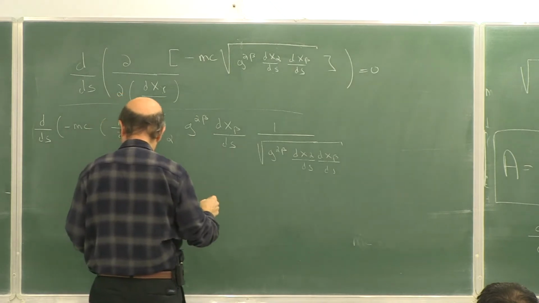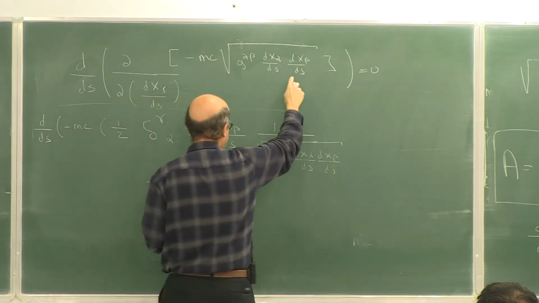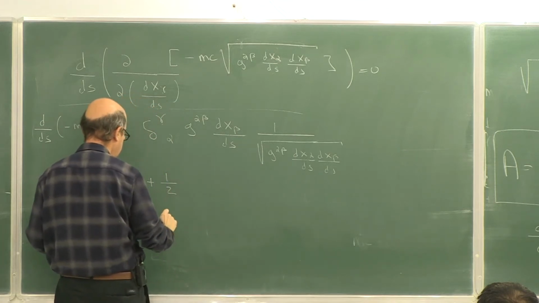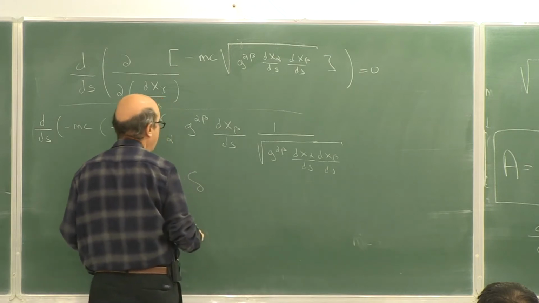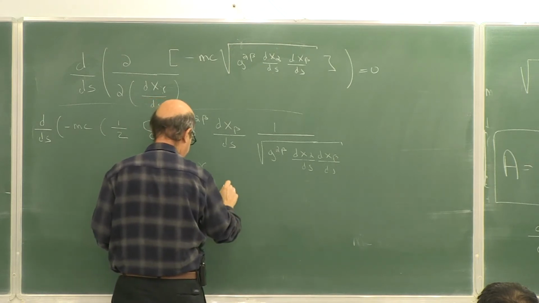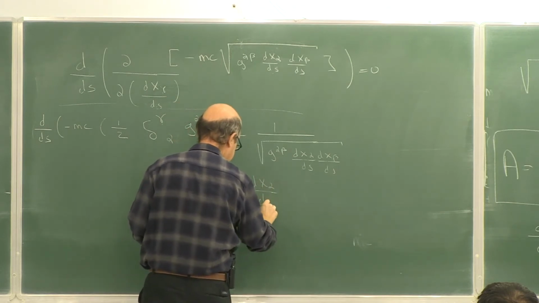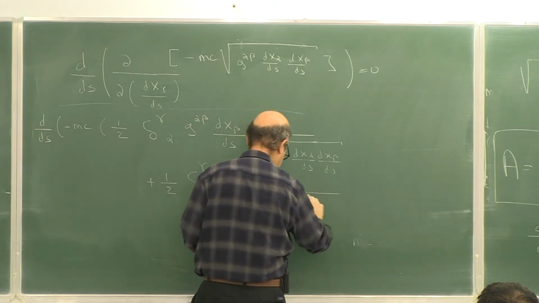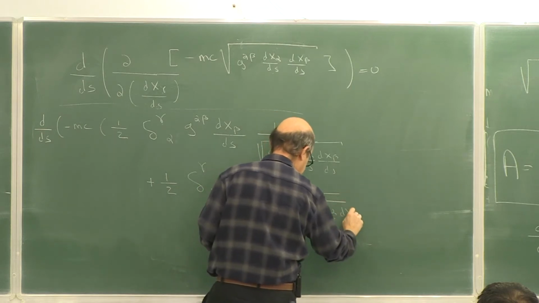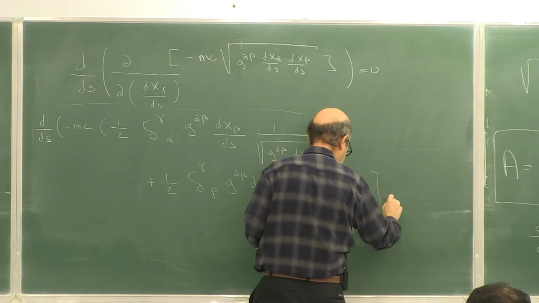So the additional term will be the following: plus, if you take the derivative with respect to beta, again you will have the exponent of the square root giving 1 over 2. Then you will have the Kronecker delta of gamma and beta, g alpha beta dx alpha over ds, times 1 over the square root of g alpha beta dx alpha over ds dx beta over ds, and this whole term has to be 0.